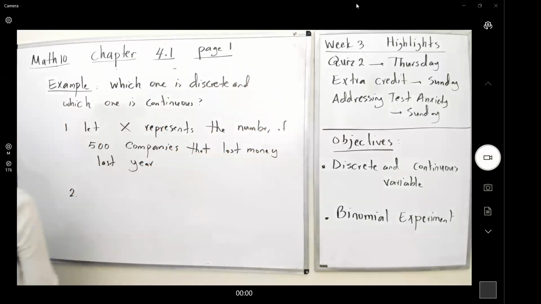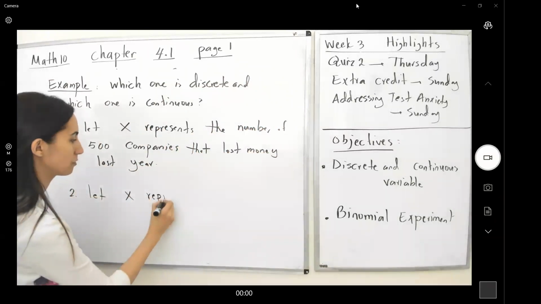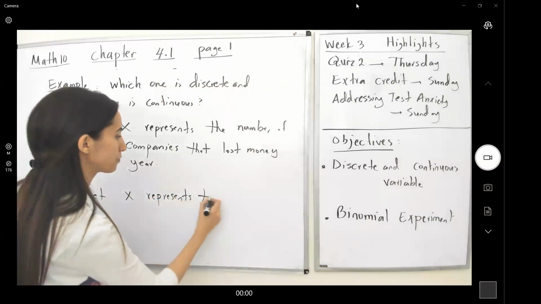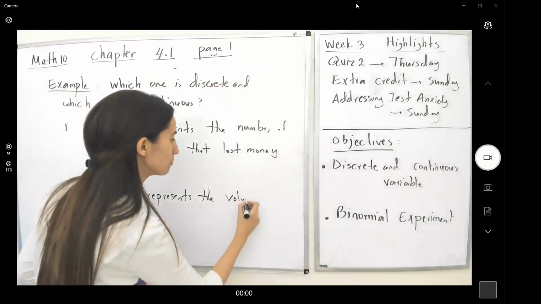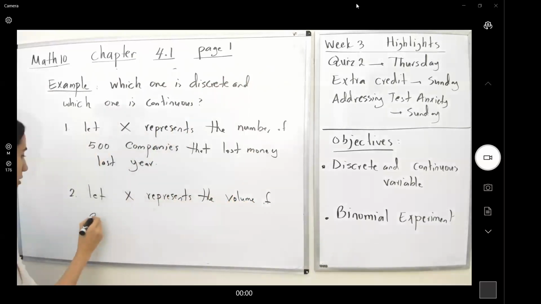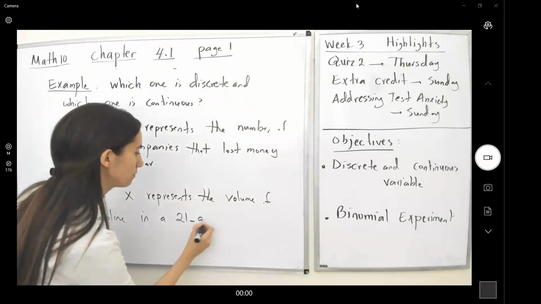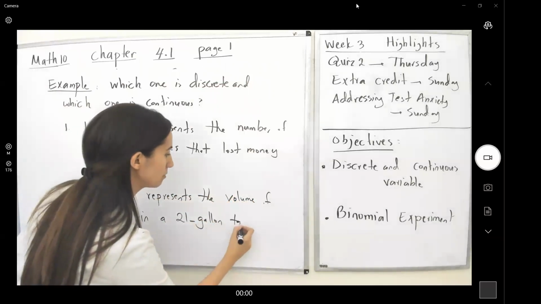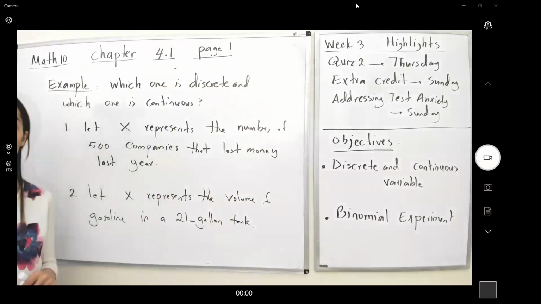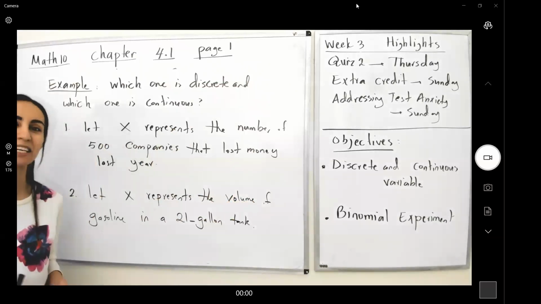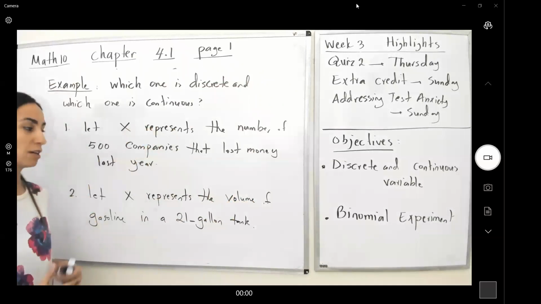And the second one says, let x represent the volume of gasoline in a 21 gallon tank. Which one is countable? Which one is discrete? You can actually count.